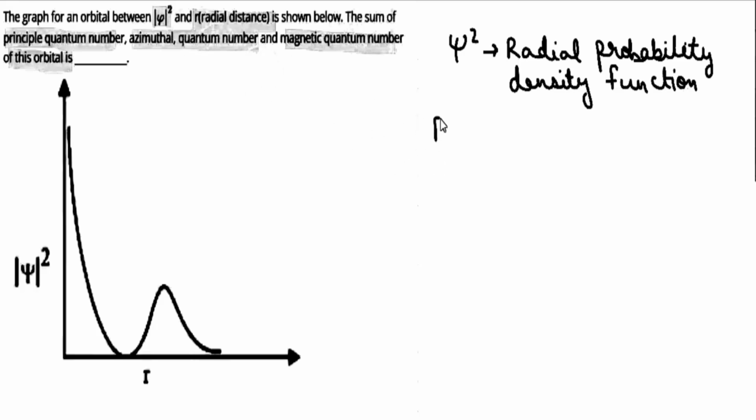After that, principal quantum number is denoted by n.